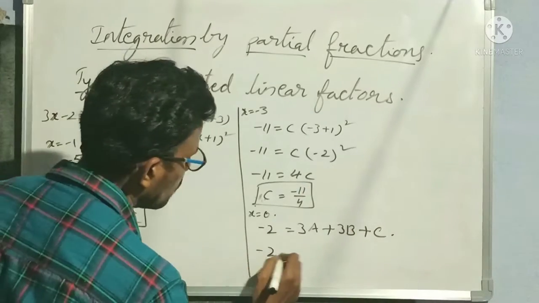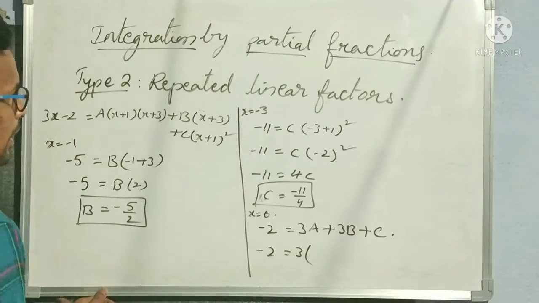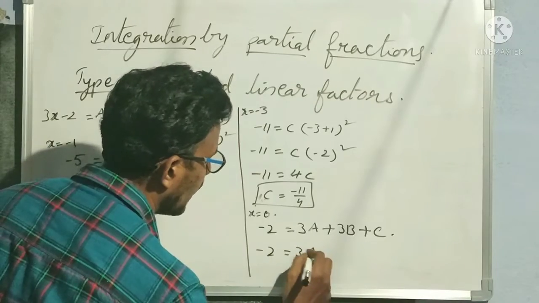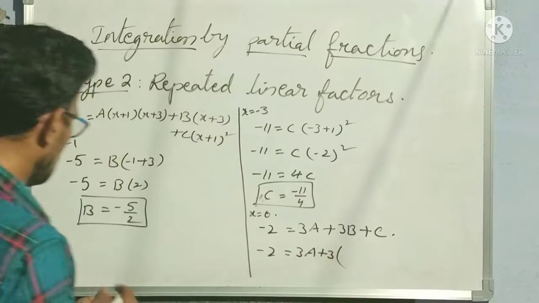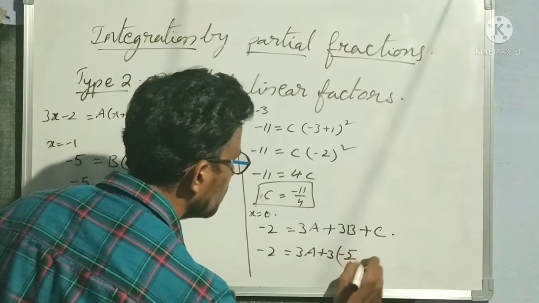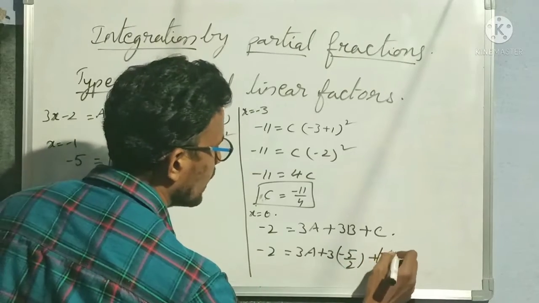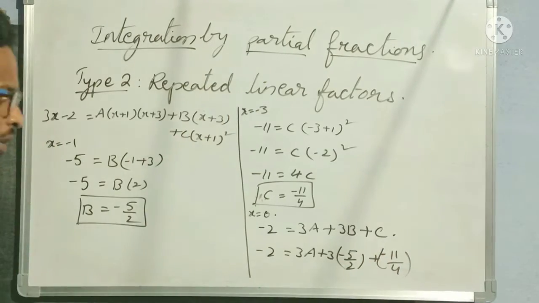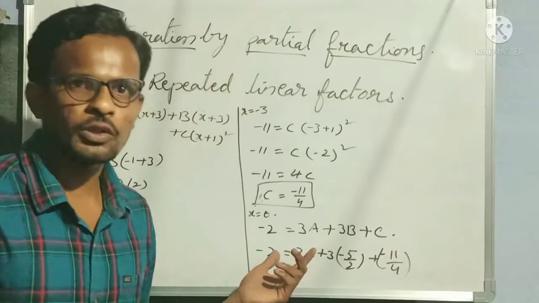So minus 2 is equal to 3 into a value, a value only we have to find out, 3a plus 3 into b value, which is minus 5 by 2, plus c value, which is minus 11 by 4. I hope everybody understood up to here, right?